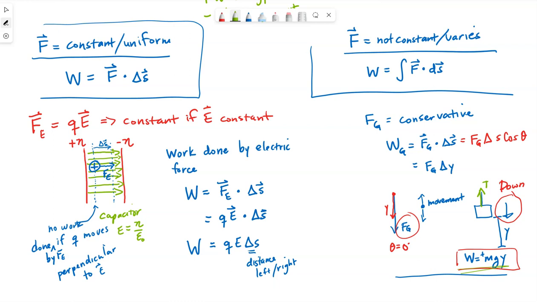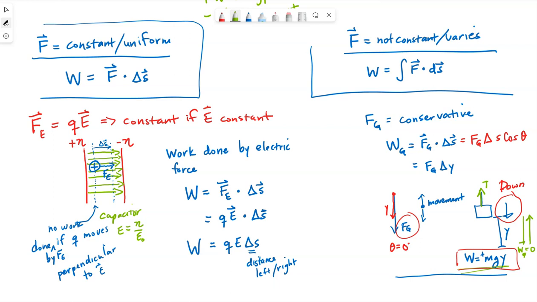The work's positive if the object moved downwards. The work was negative if the object moved upwards. It did not depend on the path taken, meaning it doesn't matter if the elevator car went down and then back up, the net work would be 0 as far as gravity is concerned.